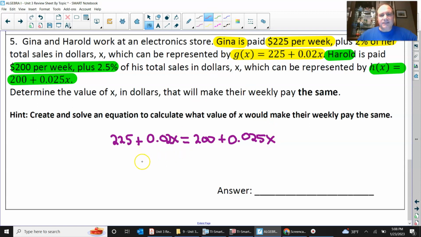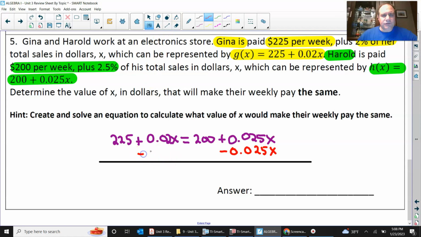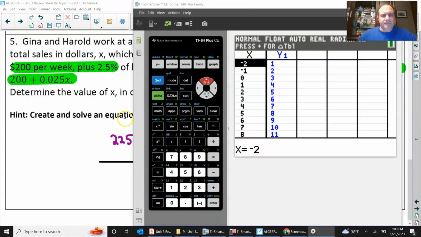So we're going to get the x's together first, and we're going to minus 0.025x first. This cancels, and I'm going to grab my calculator.